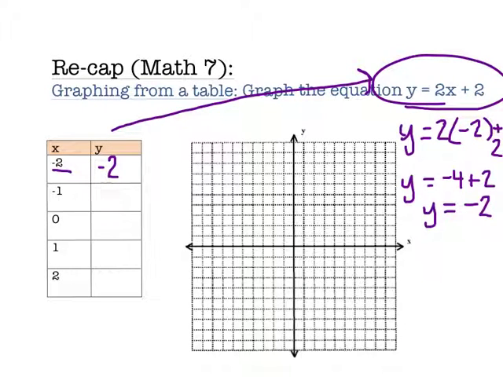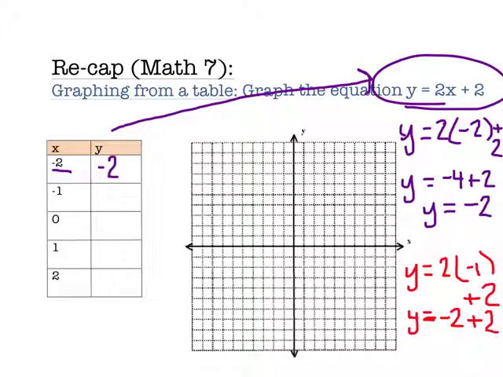So if I had an input of negative 1, I would replace that x with negative 1 instead of negative 2, and I'm still adding 2. So 2 times negative 1 is negative 2, and negative 2 plus 2 is 0. So for an input of negative 1, my output would be 0.